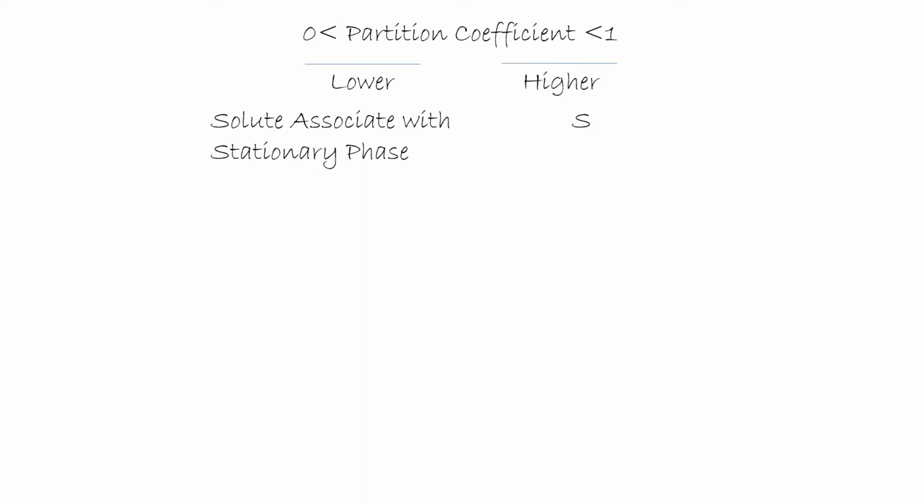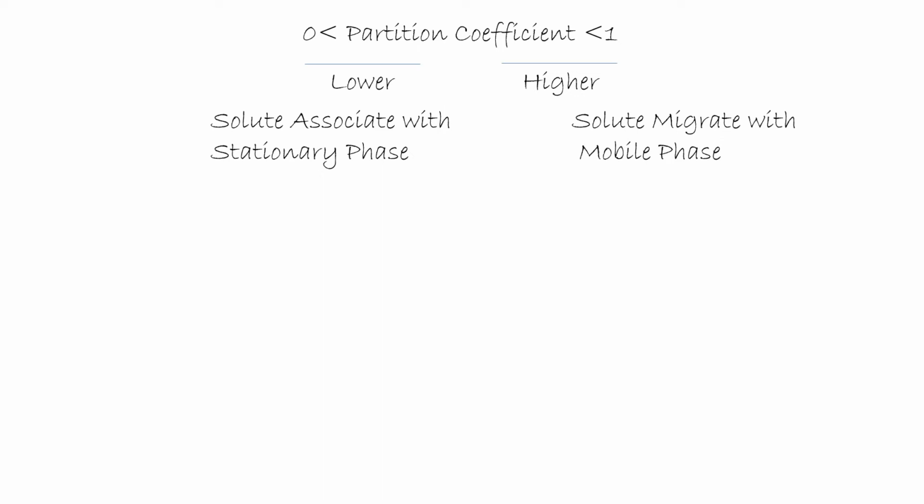Lower partition coefficient value means the solute has more tendency to get associated with the stationary phase, and if the value of partition coefficient is close to 1, then the solute has more tendency to remain with the mobile phase.